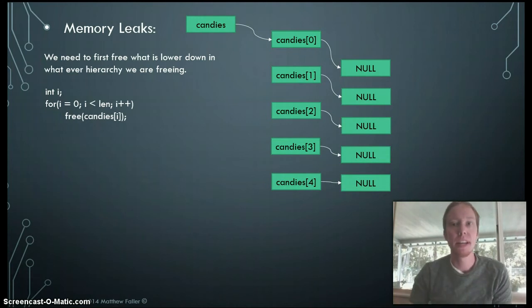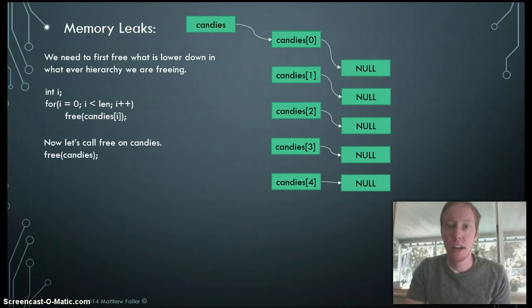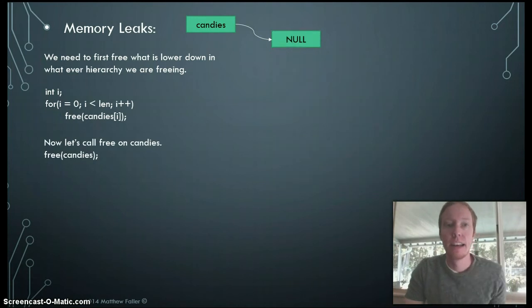So now that level is done. Now that we've done that, we can call free on candies, and that has actually freed up all of our memory associated with that.